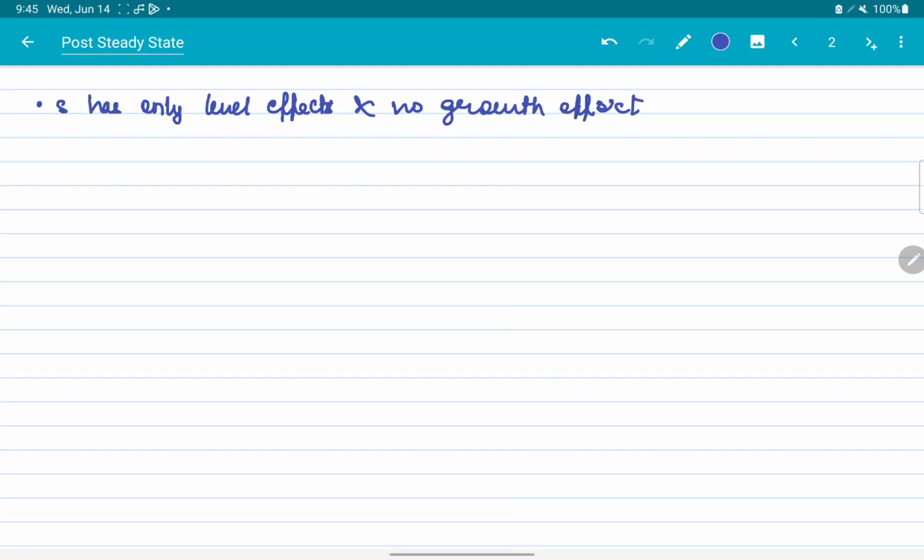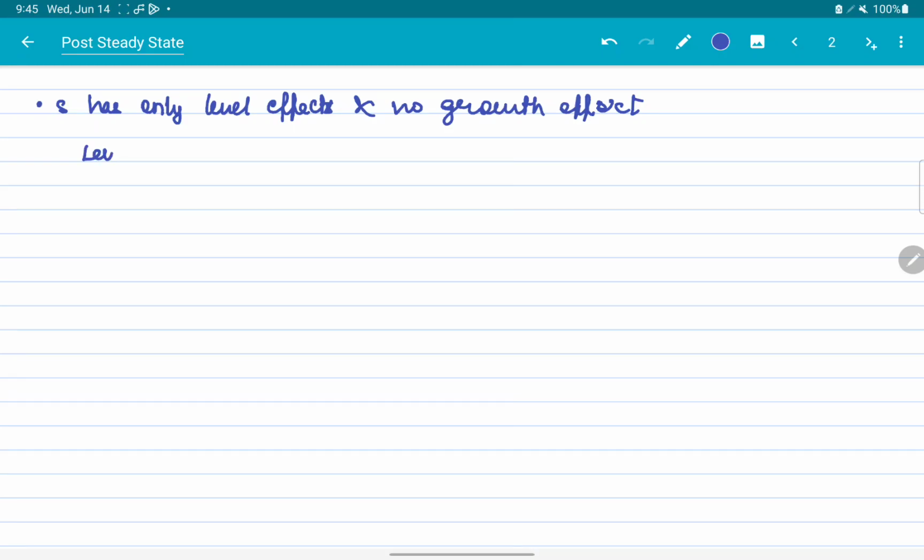So what is a level and a growth effect anyway? For a variable like small k, a level effect is defined for a parameter. I've spent a lot of time in the comparative statics video explaining how steady state values of small k are determined by various parameters. So a level effect given that parameter means that the steady state value of that variable changes when that parameter changes.